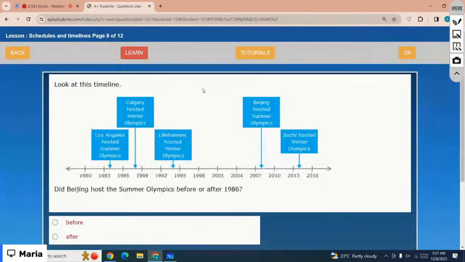Okay, the next one. Look at this timeline. Did Beijing host the Summer Olympics before or after 1986? Which is the correct option?